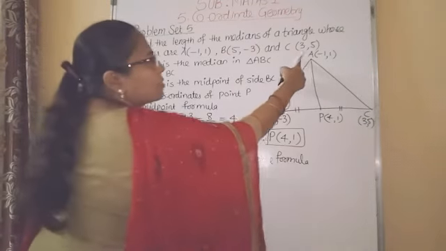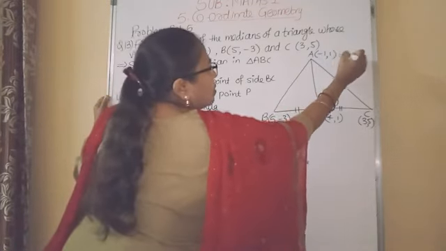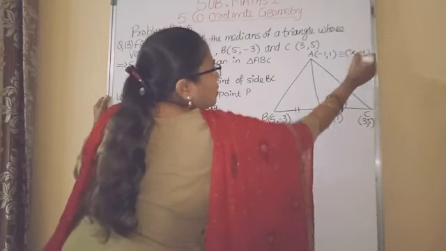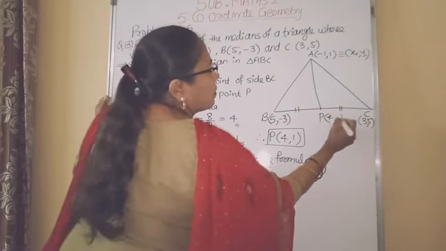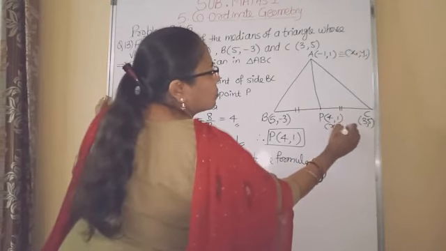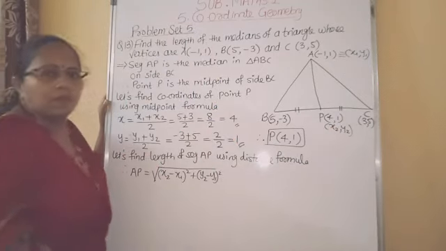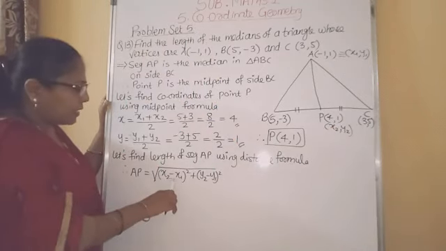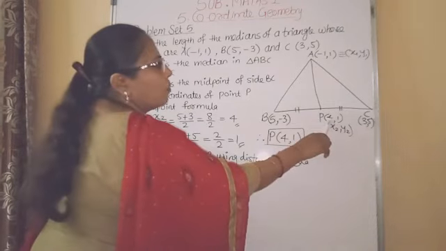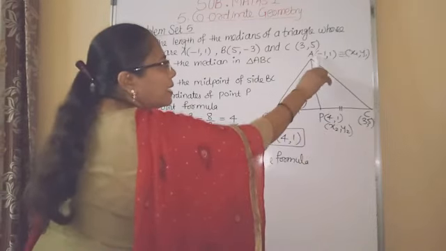So here coordinates of point A we will assume x1, y1, and coordinates of point P we will assume x2, y2. Okay. So x2 minus x1 square, 4 minus -1.